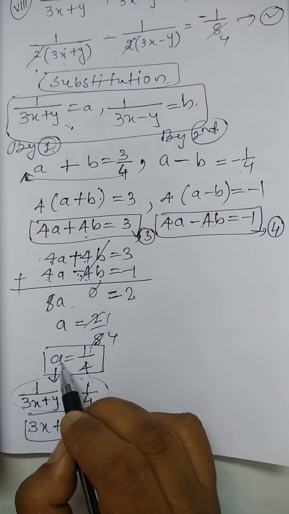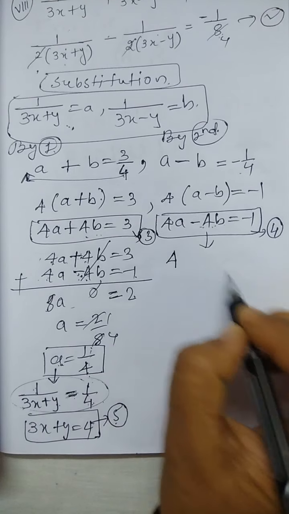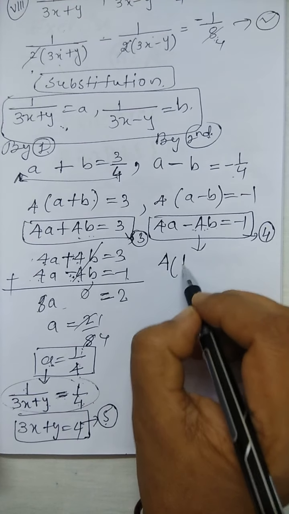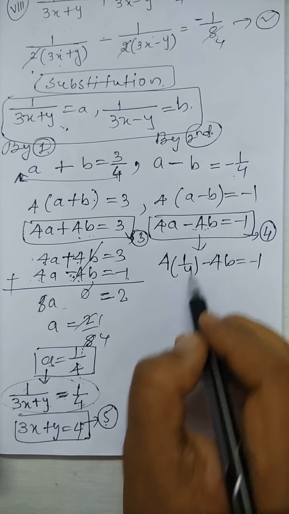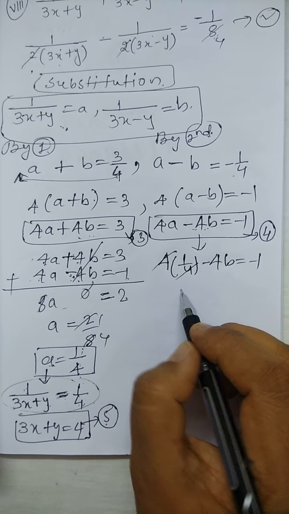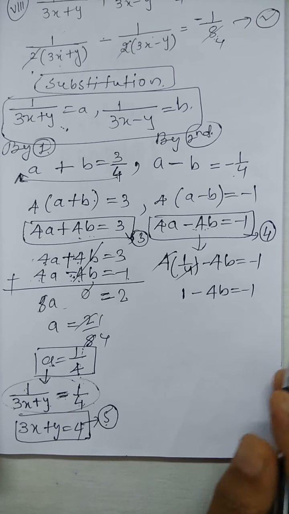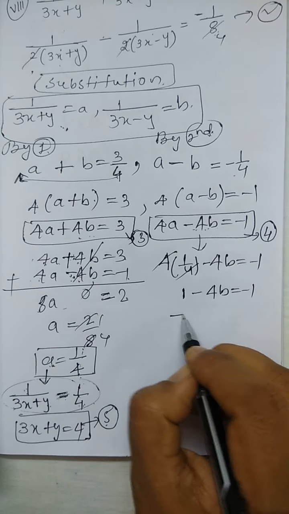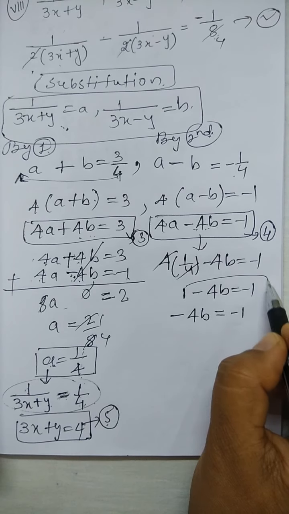Now put this a value in any one of the equations. Let us substitute in this equation 4. A is 1 by 4, minus 4b equals minus 1. 4, 4 cancel. And here will be 1 minus 4b equals minus 1. Then minus 4b is equal to minus 1 and this 1 will go here.